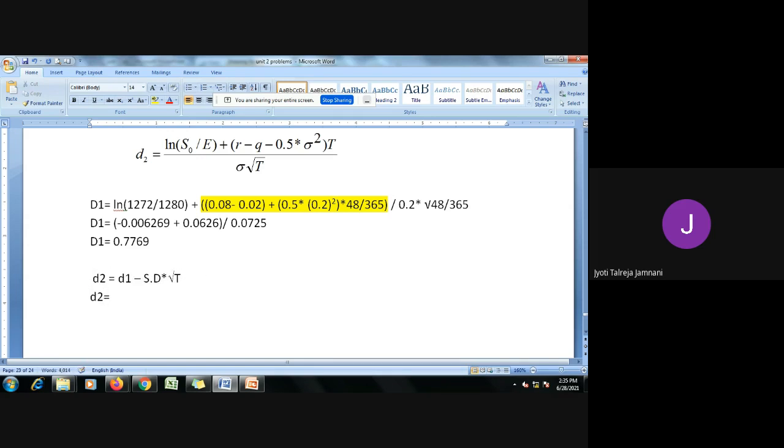D2 is equal to D1, which is 0.7769 minus standard deviation, which is 0.2 into square root of 48 divided by 365. So 0.7769 minus 0.0725. 0.7041 you're getting.